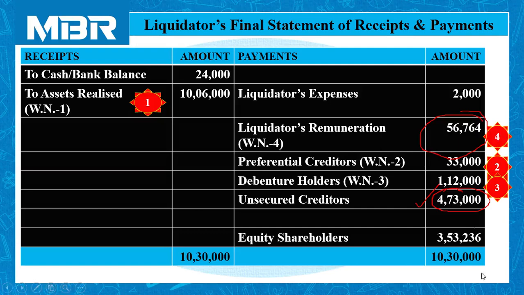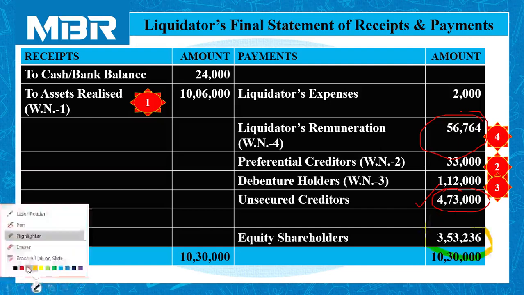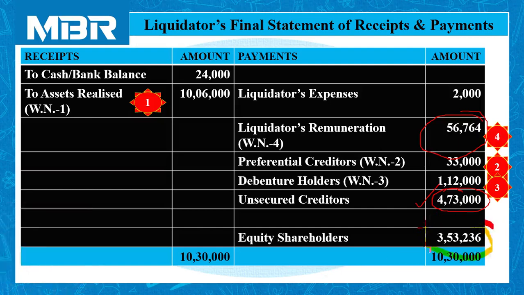The total of the receipt side is 10,30,000, and the total of the payment side is also 10,30,000. So the amount available to us at the end, the amount paid to the equity shareholders, 3,53,236, is nothing more than the balancing figure.